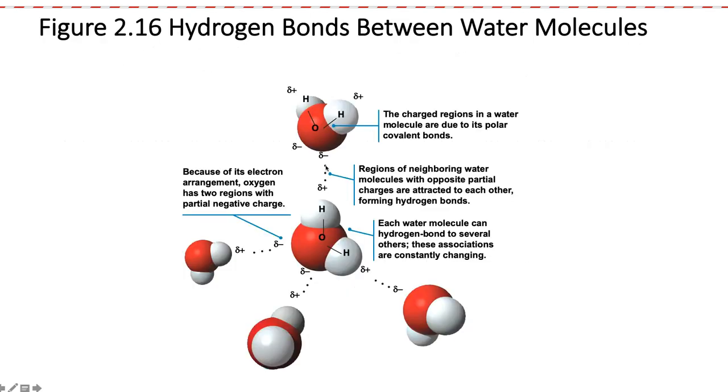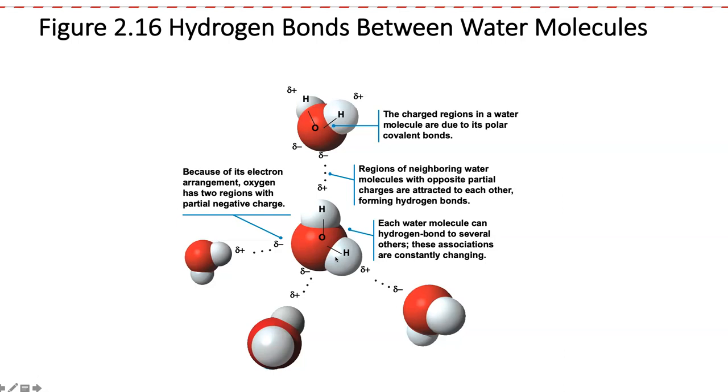Remember that those dots indicate a hydrogen bond, and the highly electronegative oxygen is attracted to the less electronegative, partial positive region of the hydrogen atom within the neighboring water molecule.